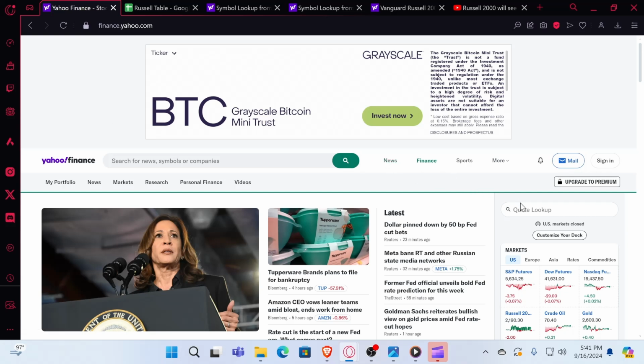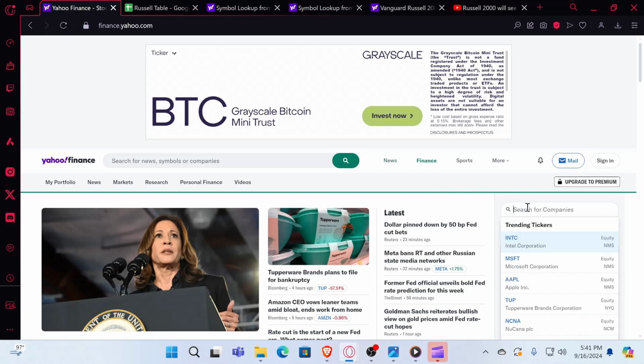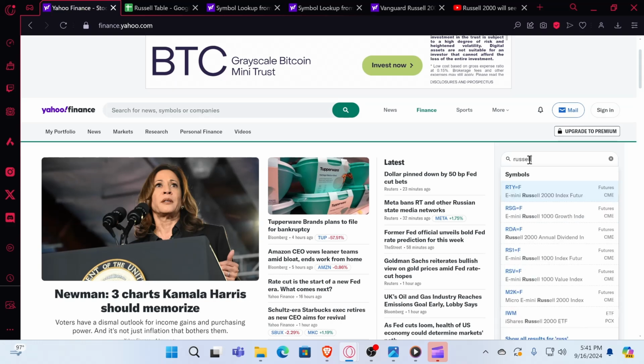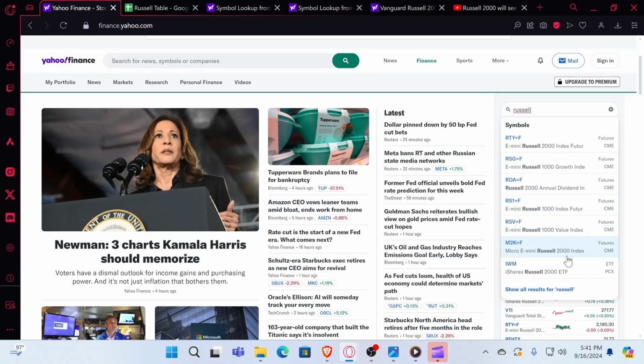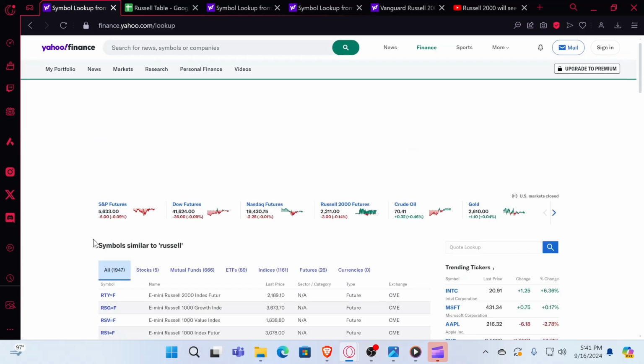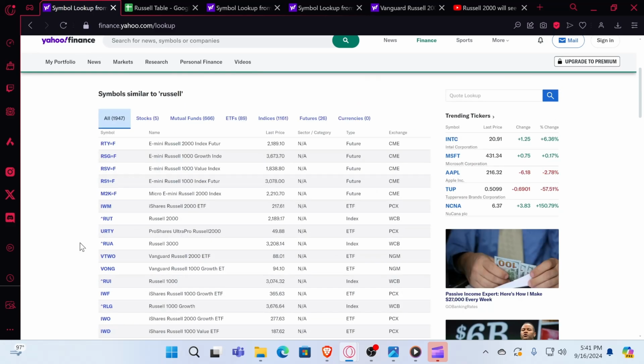And first, we're going to start in Yahoo Finance, again, free and accessible to everybody. And if you go into the search for companies, just type in Russell, and then go to show all results. You're going to see a number of options that can be daunting, confusing to some.